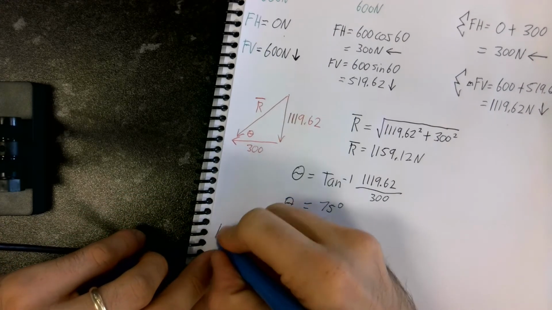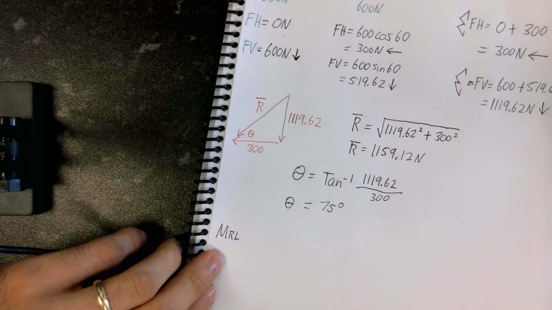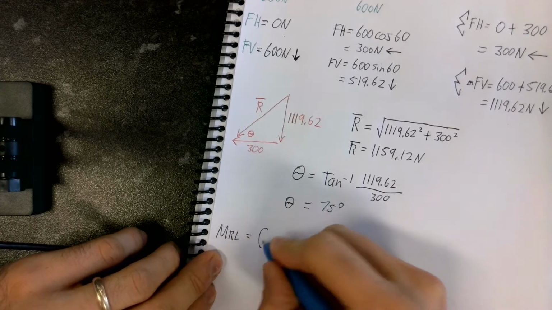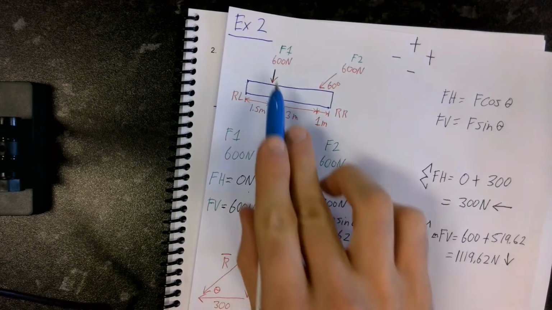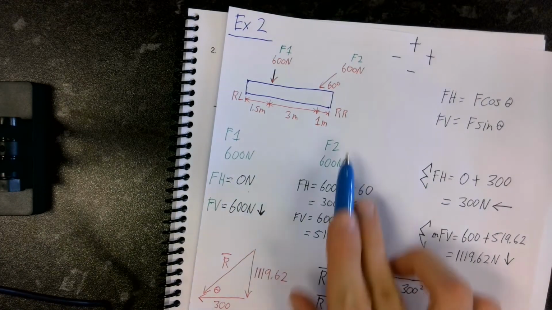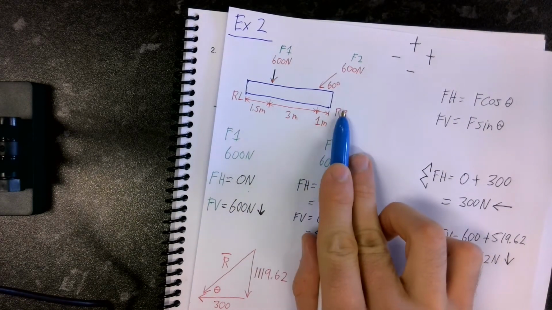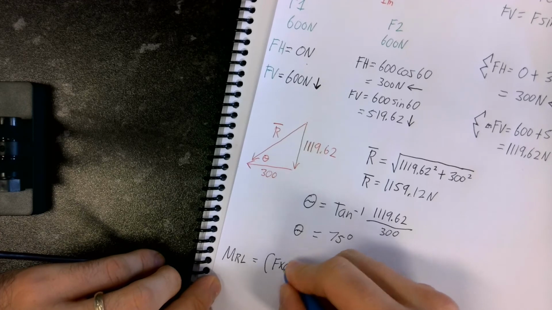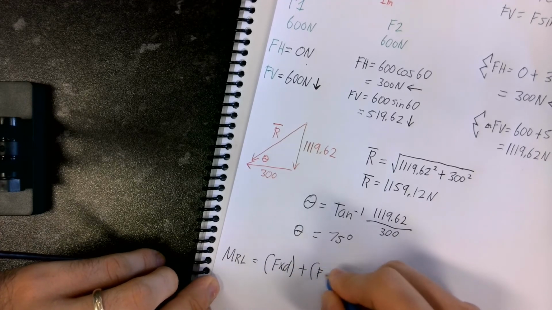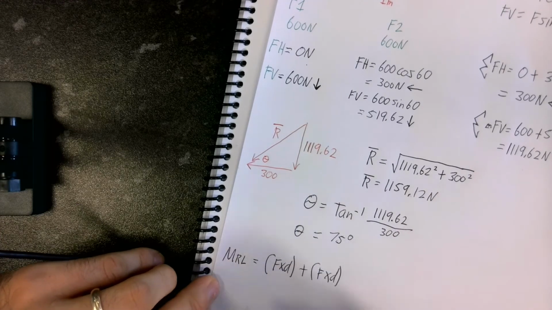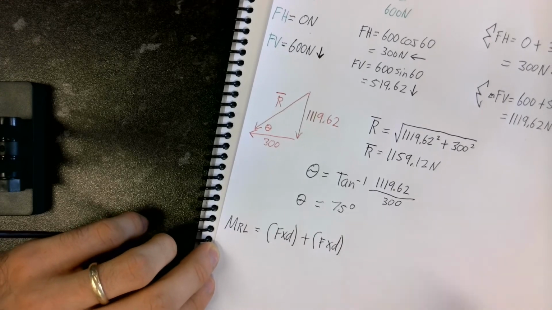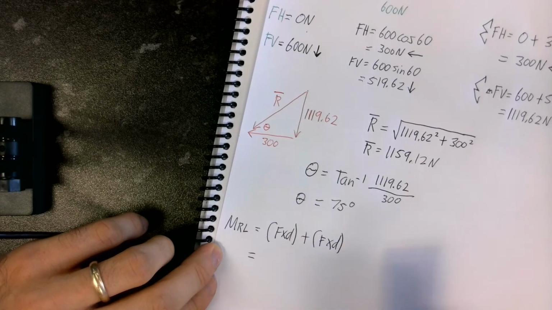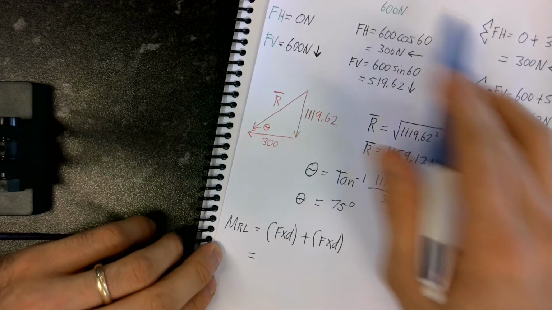So we've got moments around RL is equal to, now there's only two forces in this, isn't there? One, two. You don't recognise this one, we're not finding reactions at the supports, we're just finding these two. So force times distance plus force times distance, because there's only two of them. And now this is where we've got to use our clockwise and anti-clockwise.